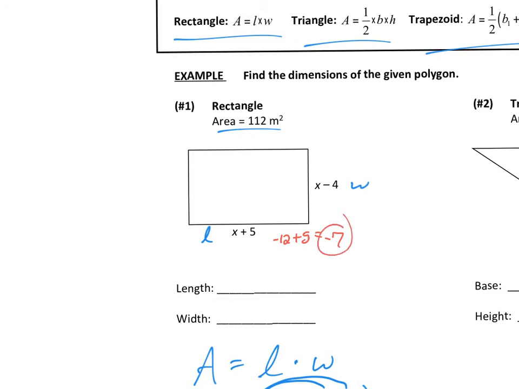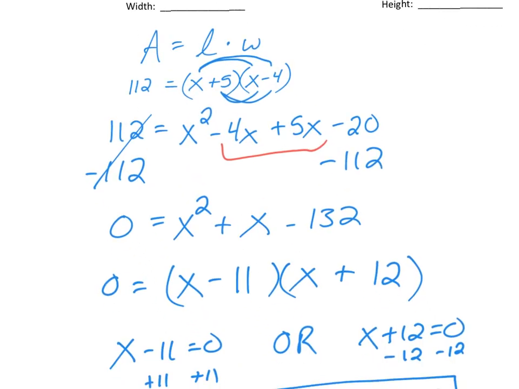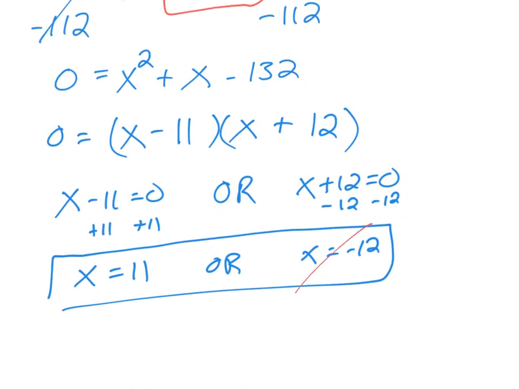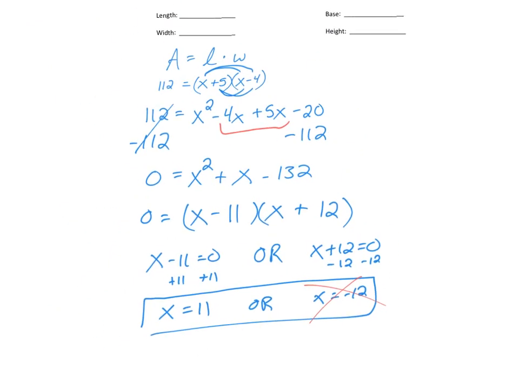Negative 7. Can the length of this side be negative 7? No, a length can't be negative. So that answer, x equals negative 12, is not going to work. Cross it out. That does not work because it gives us a negative side length. Side lengths can't be negative.